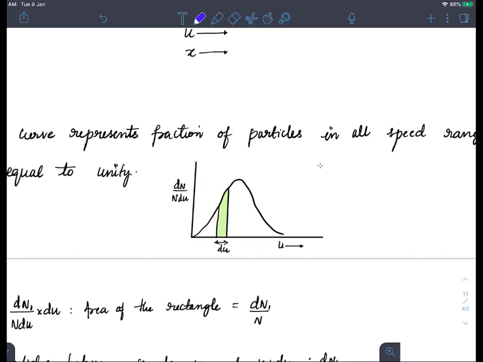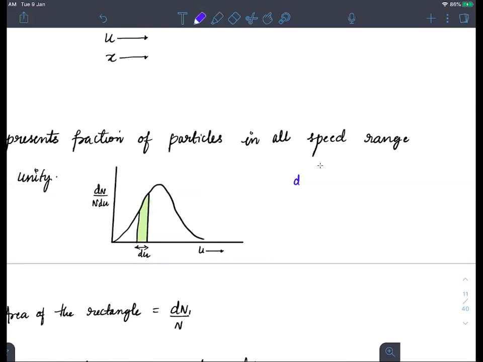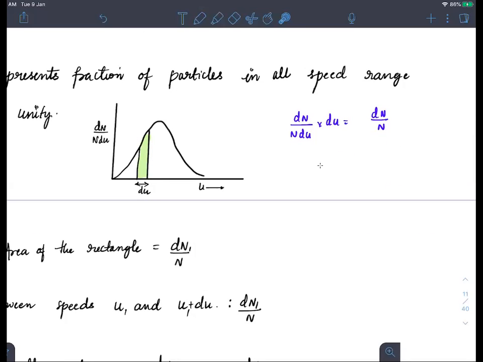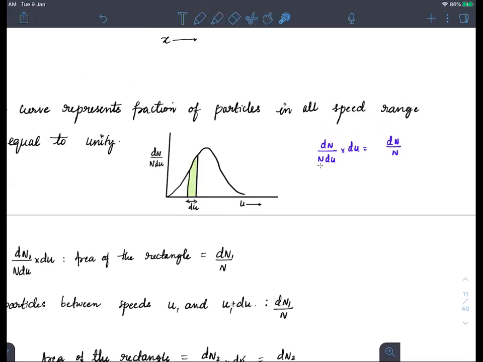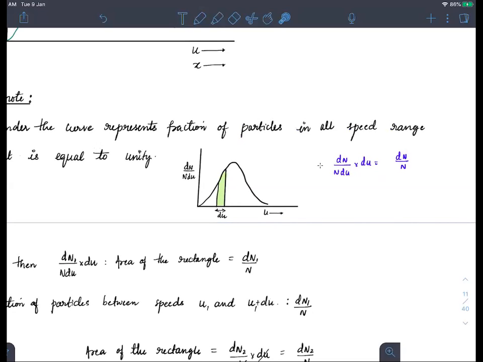So what am I getting here now? dn by n du multiplied by du will give us dn by n, which is the fraction of particles present in the total number of particles. Like these small fractions, if I add everything, what should I get? I should get the area under the curve, the complete area under the curve.